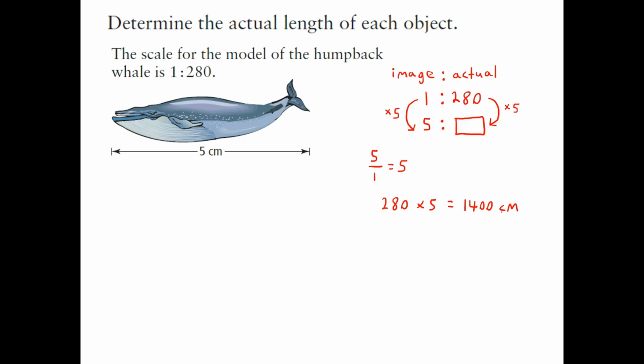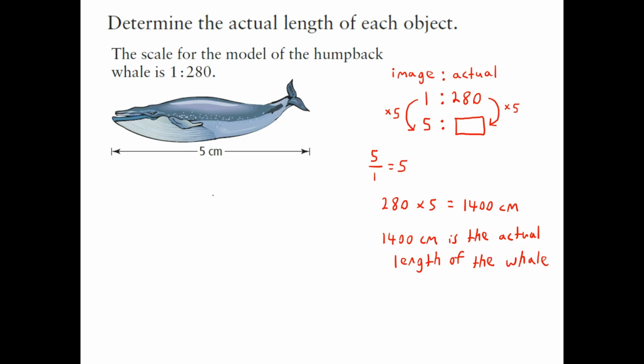So 1400 centimeters is the actual size or actual length of my object, which in this case is the humpback whale. So I'll say 1400 centimeters is the actual length of the whale. And I found that using proportions and ratios.